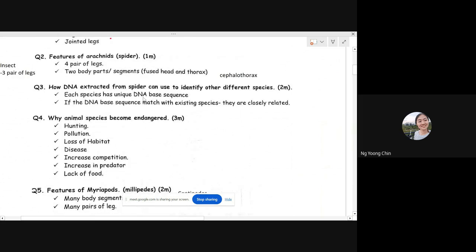Then, how can DNA extracted from the spider be used to identify it from other species? If you want to differentiate this spider's DNA from other species, or study whether there is a relationship, usually an ancestor relationship, it's better to study their DNA base sequence.